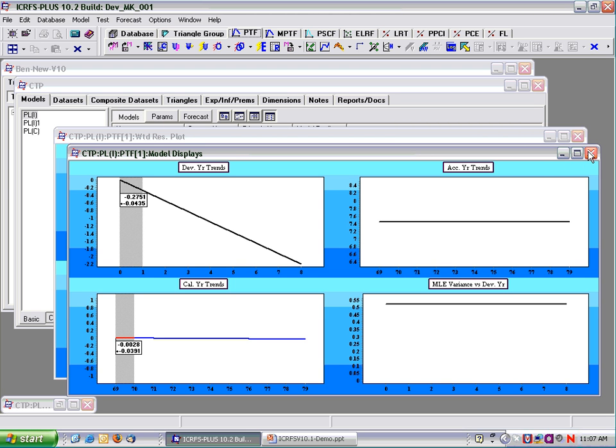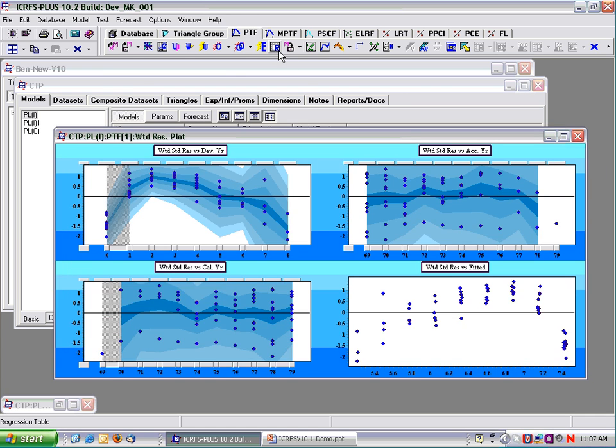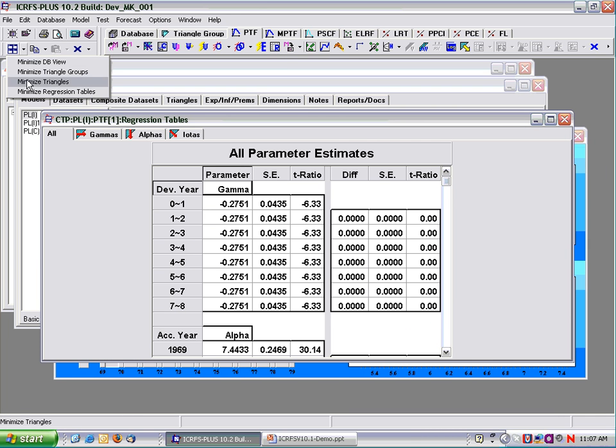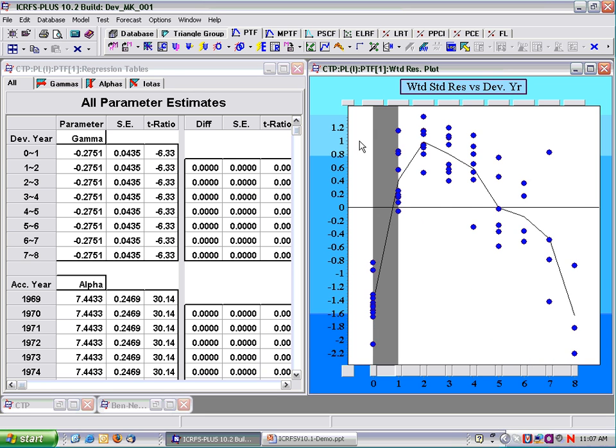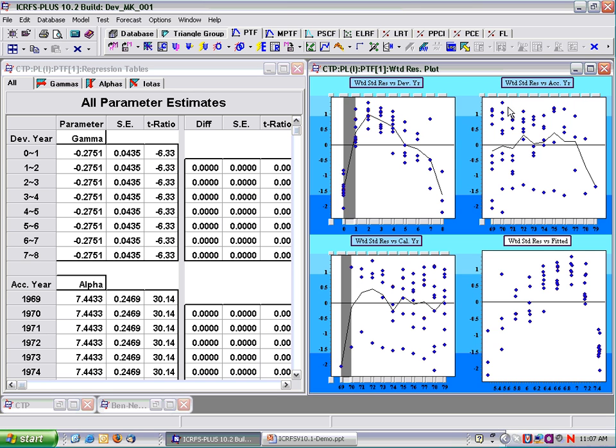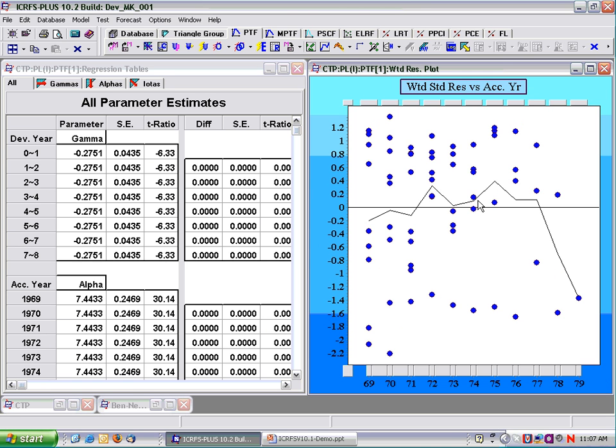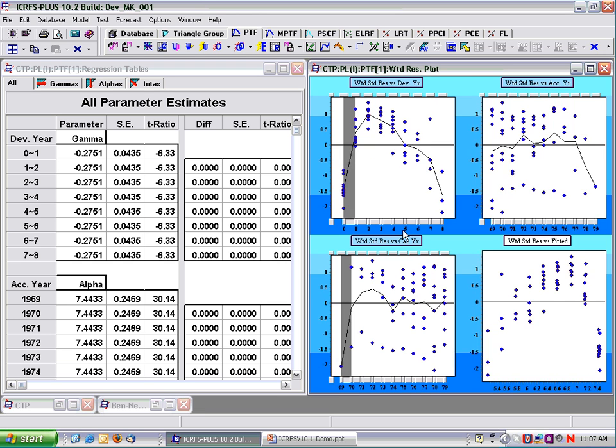So our starting model has one parameter in each direction, and so along the development years we've estimated one trend, along the accident years one level, and along the calendar years one trend.